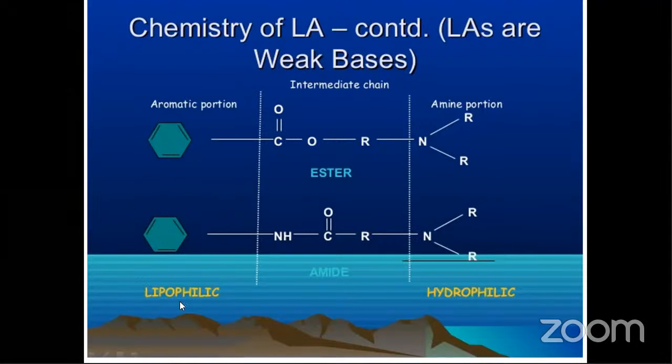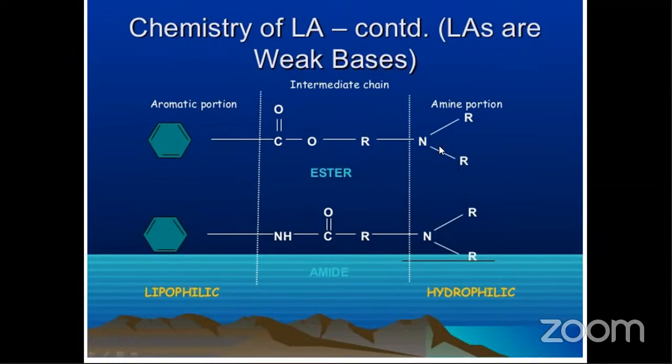The lipophilic property depends on the phenyl nucleus or aromatic part. Some drugs are ester derivatives like COR, some are NHCO, CONH, which means amide. So the intermediate chain is amide or ester. One side is common, that is aromatic.